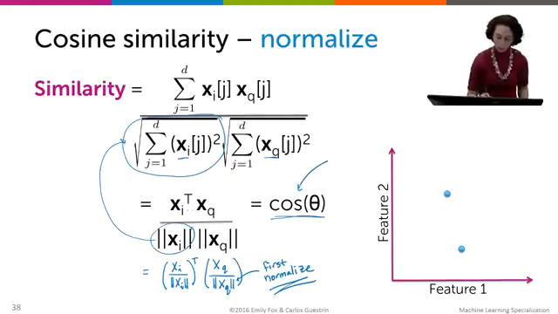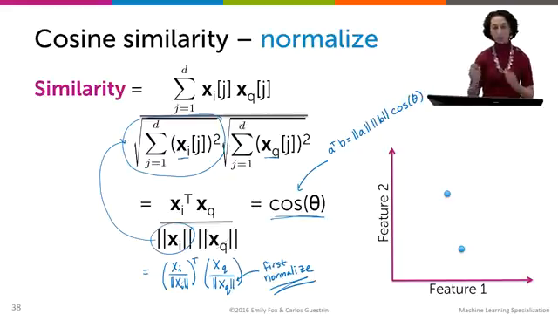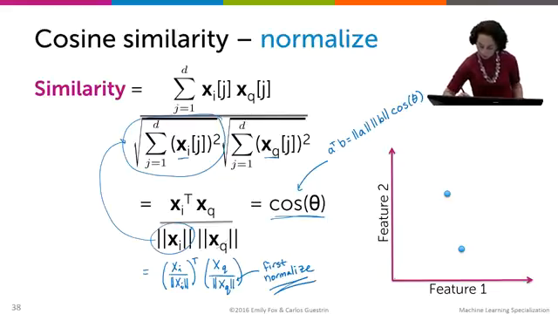And the reason this normalized inner product of vectors is equivalent to the cosine of the angle between the vectors comes straightforwardly from the definition of an inner product. So we know that A transpose B is equal to the magnitude of vector A, times the magnitude of vector B, times the cosine of the angle between the vectors A and B. Okay, so if we have two different points here, two different articles, let's say there's just a vocabulary with two words, word 1 and word 2.